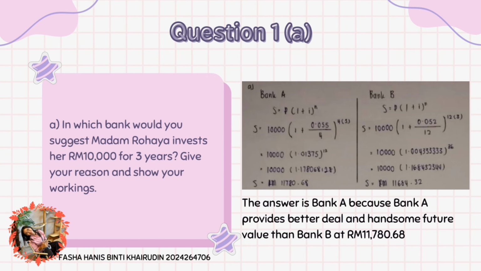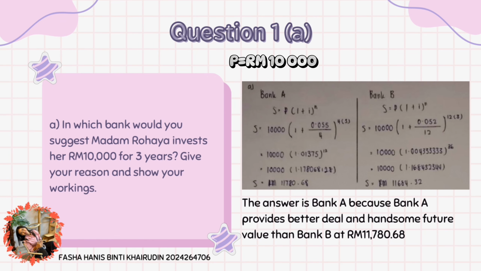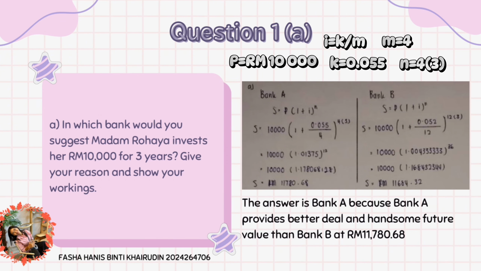Based on the question, we know that P, or the principal, equals 10,000 ringgit and i equals k divided by m. So the k is 0.055 and the m is 4 because it is compounded quarterly. In order to get the power of n, 4 should be times 3.